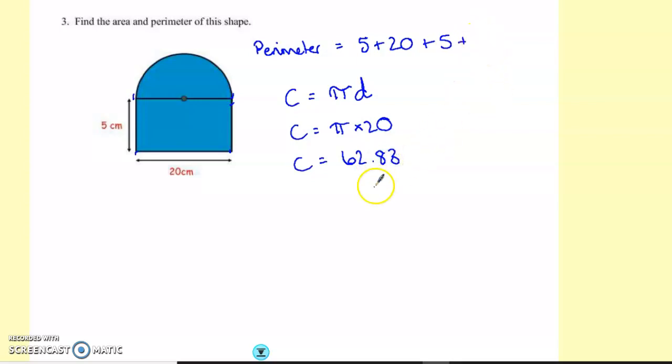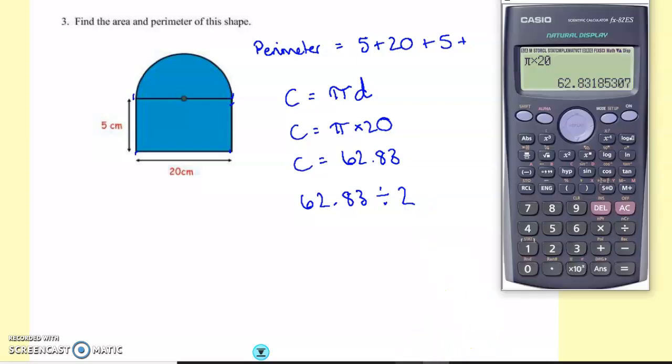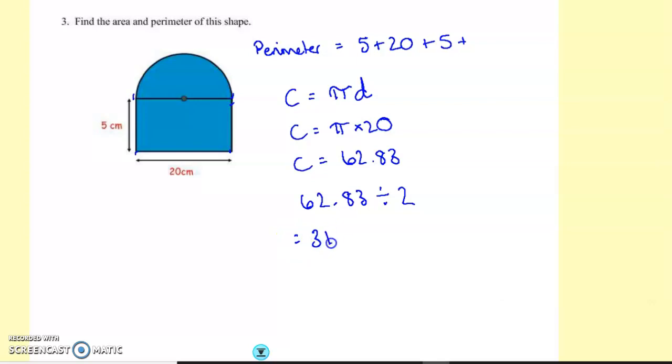So add on my, oh no, don't add on my 62.83, getting ahead of myself here. What do I need to do before I add it on? I don't have a full circle, I only have half a circle, so I don't need the full circumference of a circle, I only need half the circumference. So I'm going to divide it by 2, which is 31.42 centimetres.